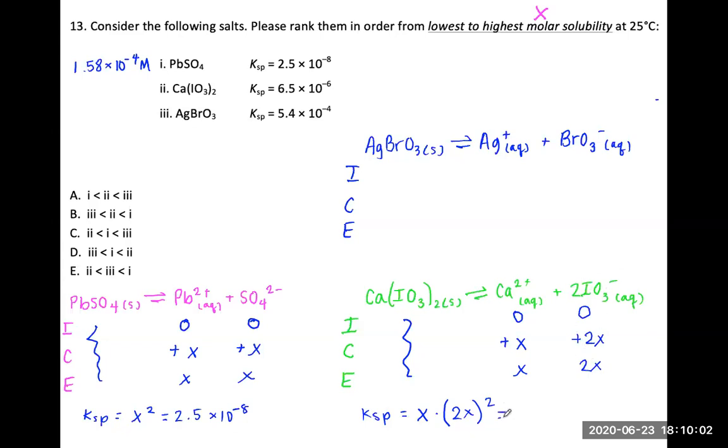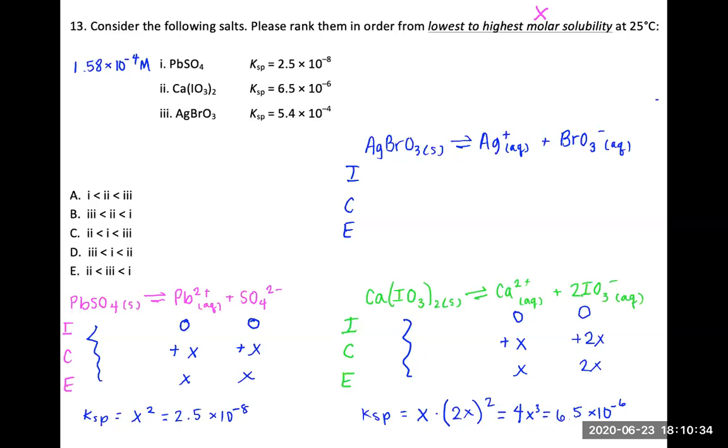And so this does simplify down to 4X cubed. But you really want to keep track of that. Make sure you're squaring the 2 as well as the X. So then we can set this equal to 6.5 times 10 to the minus 6. And so when we solve for X, I'm going to take the KSP, divide it by 4, and then do the cube root.